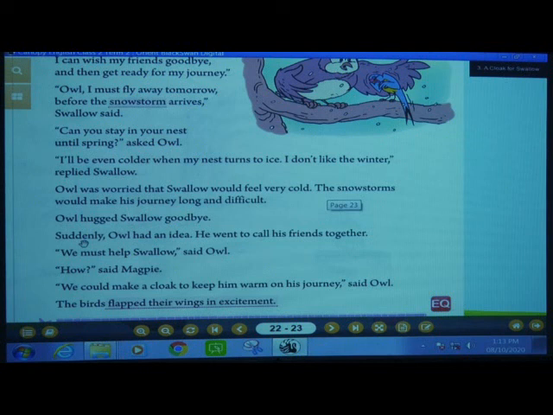Suddenly, Owl had an idea. He went to call his friends together. We must help Swallow, said Owl.